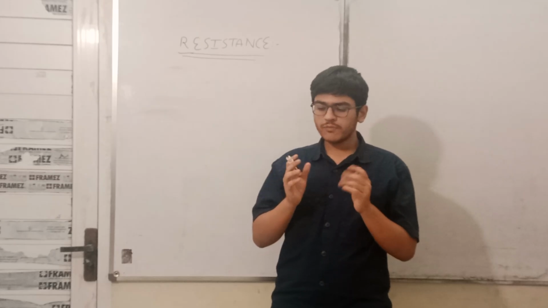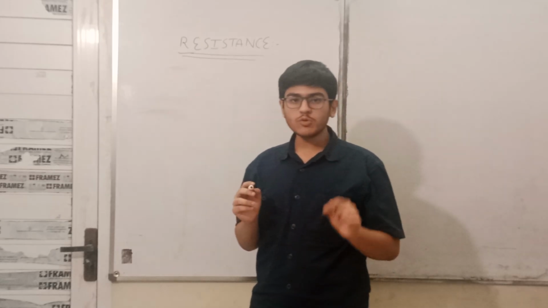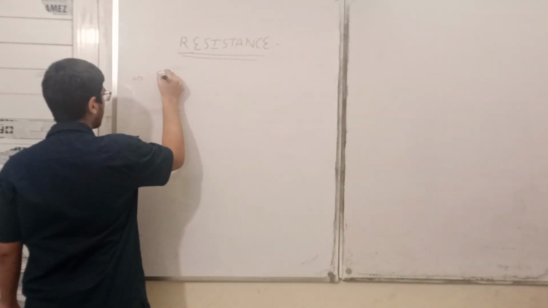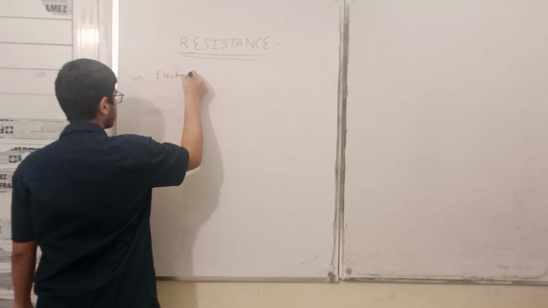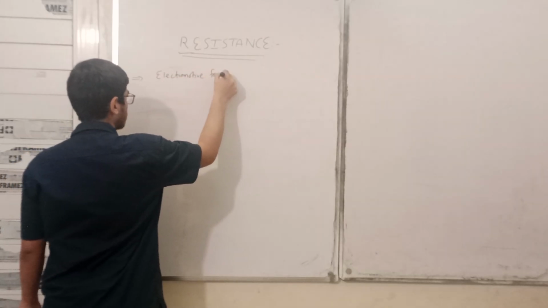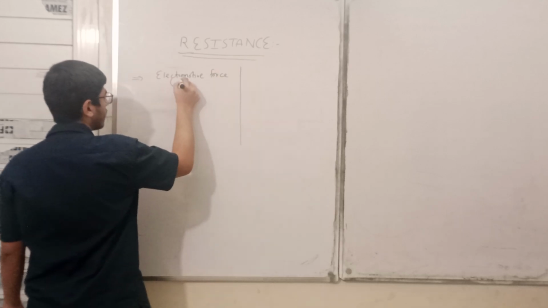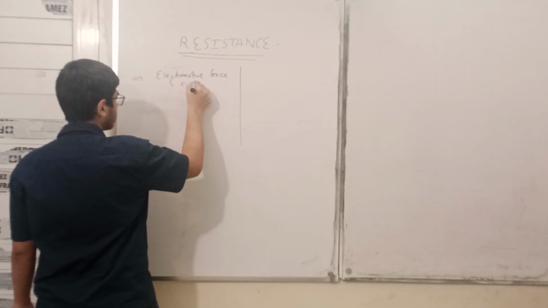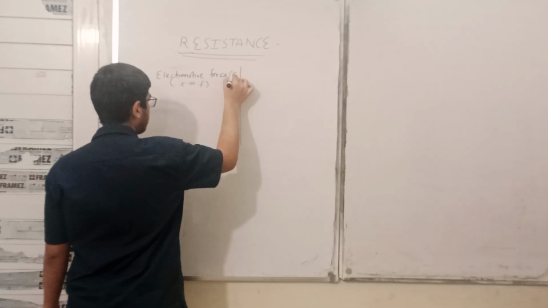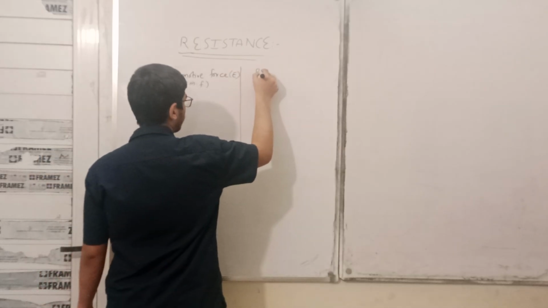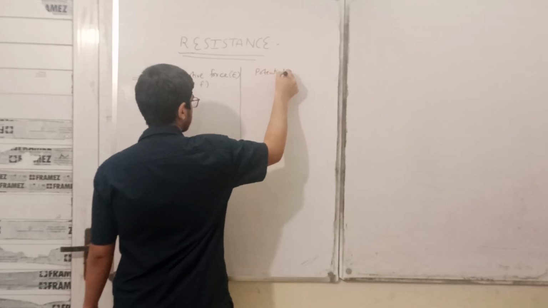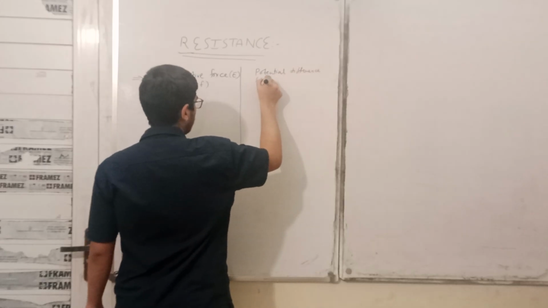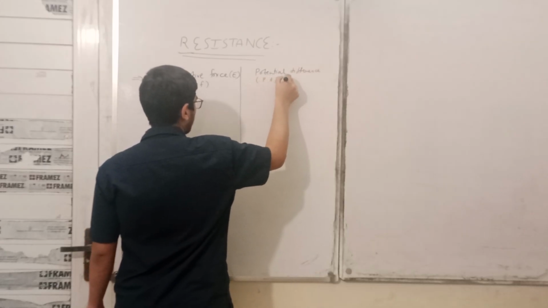But before we start the concept of resistance, we have to understand the difference between electromotive force, whose short term is EMF, or can be represented by capital E as well, and potential difference, that is represented by PD or V.